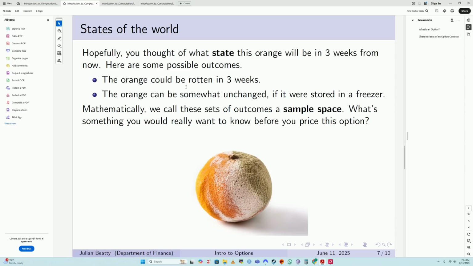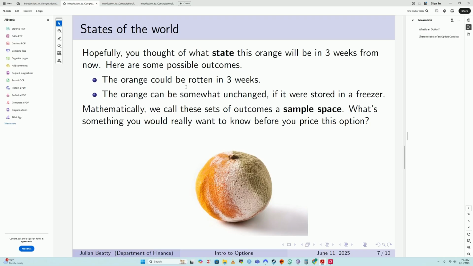So here are some possible outcomes. The orange could be rotted in 3 weeks. The orange could be somewhat unchanged if it were stored in a freezer. And presumably, I would be very displeased if the orange was rotten, but I'd be very happy if the orange was healthy and was stored in a freezer.